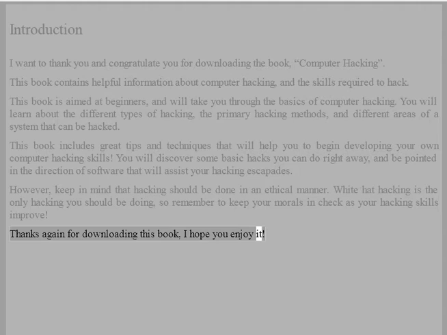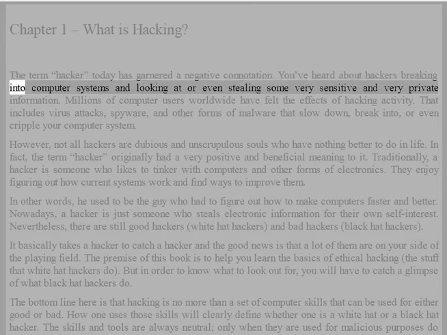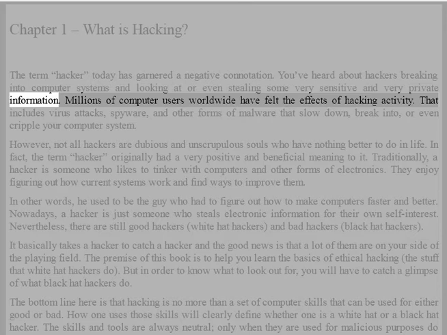Chapter 1, What is hacking? The term hacker today has garnered a negative connotation. You have heard about hackers breaking into computer systems and looking at or even stealing some very sensitive and very private information. Millions of computer users worldwide have felt the effects of hacking activity.